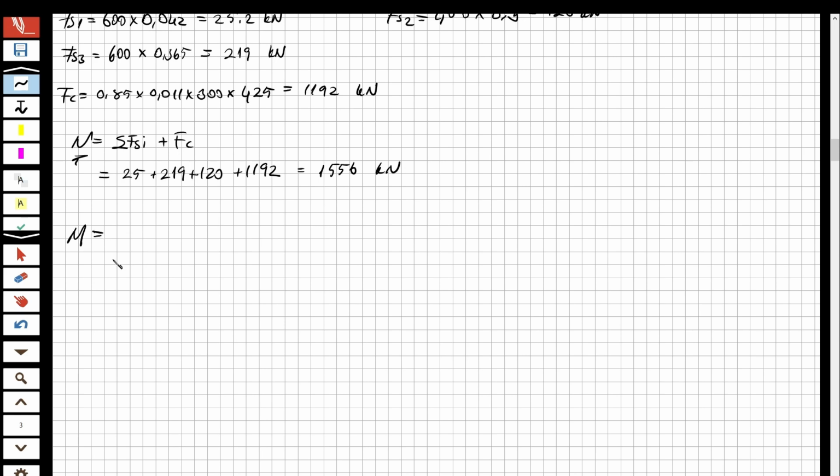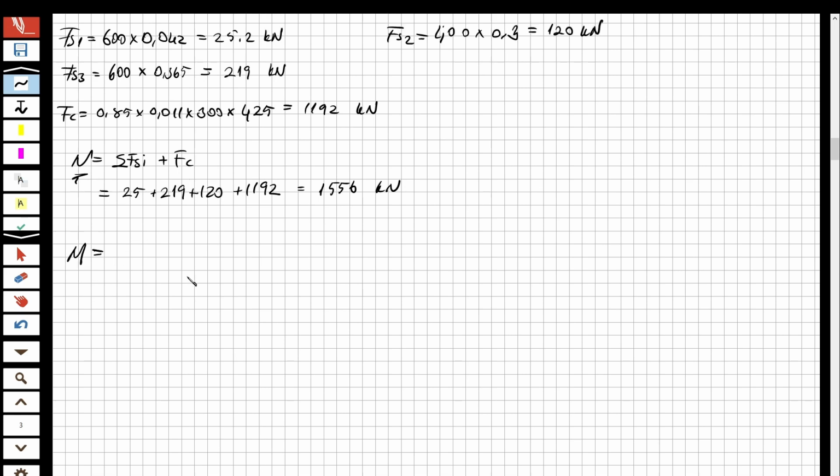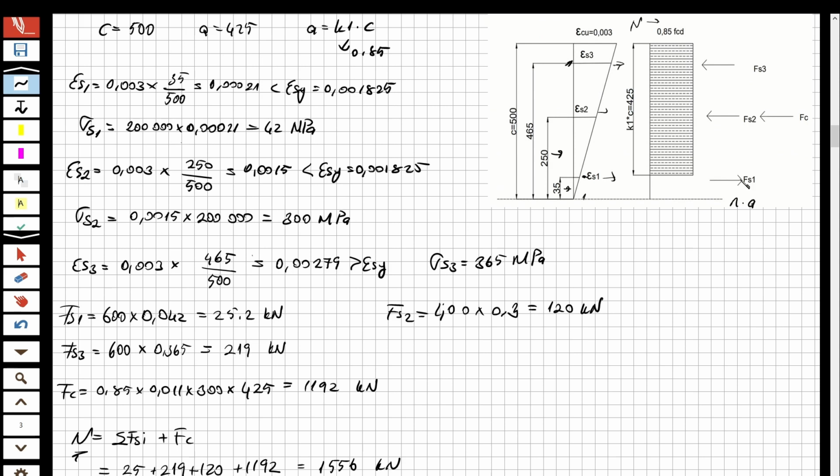For the moment, look at how it's going to be calculated. Let's check the forces. This force is actually not in this direction, it's in this direction, because I told you that the steels above the neutral axis are in compression.